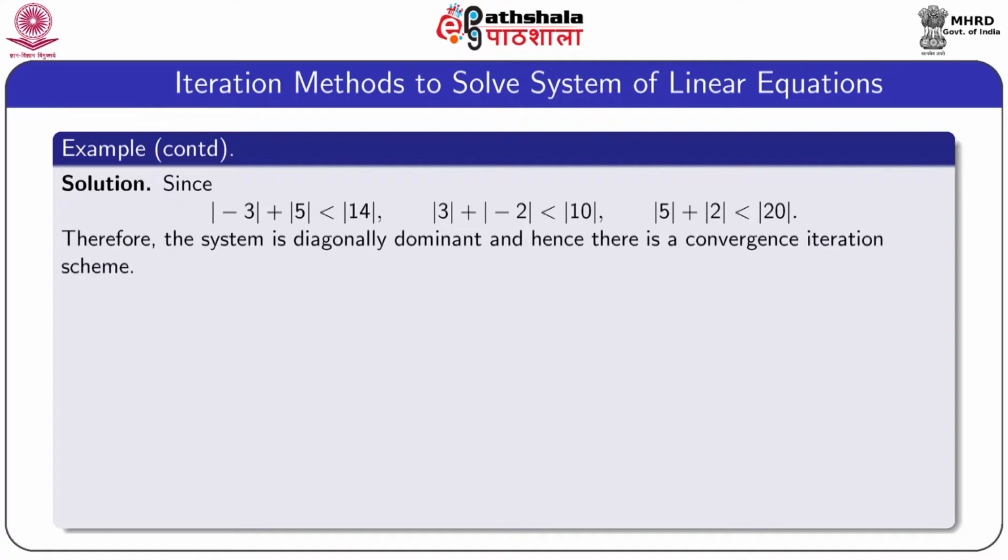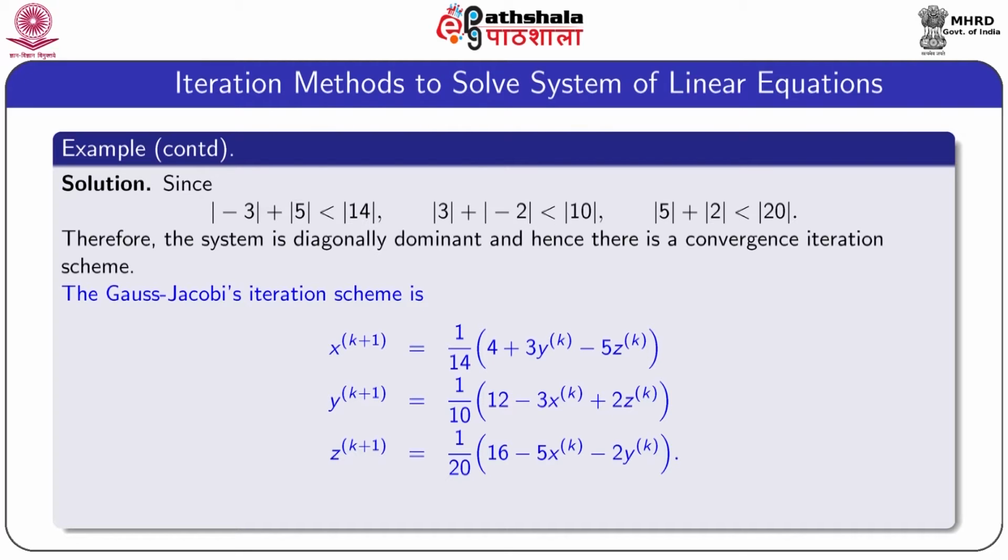For the third equation, the sum of the absolute values of the coefficients of x and y is strictly less than the coefficient of the variable z. That means the given system is diagonally dominant, and hence there is a convergent iteration scheme for the given system of equations.